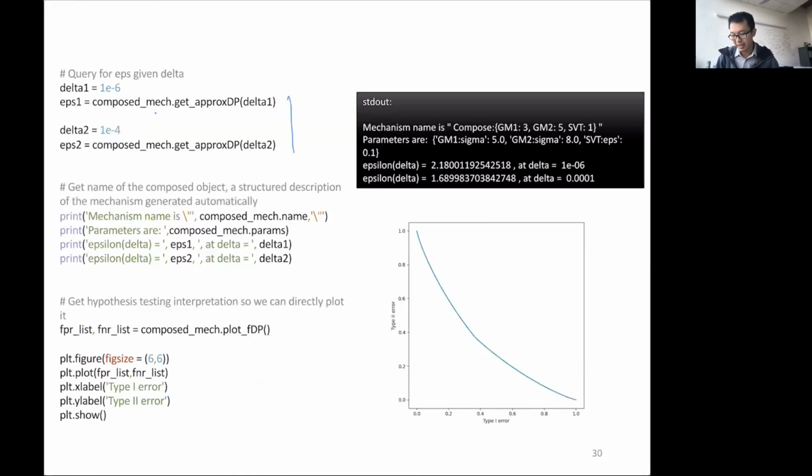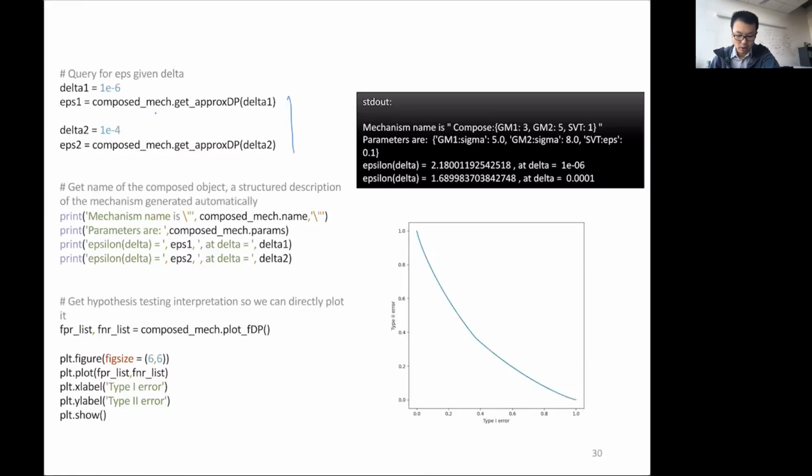It tells you that at delta equal to this, the epsilon parameter is this. So effectively this is giving you access to evaluation oracles for the privacy profiles. And this is the inverse of the privacy profile, which just involves some kind of binary search of the privacy profile.